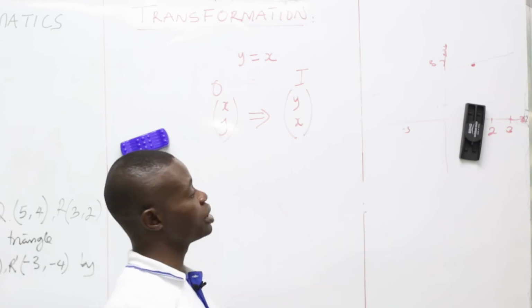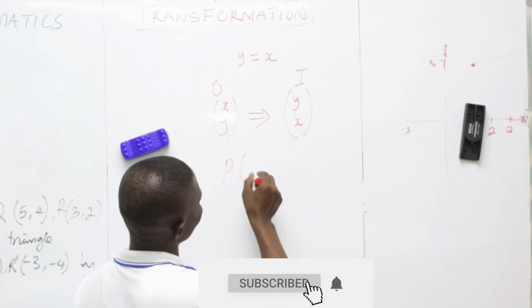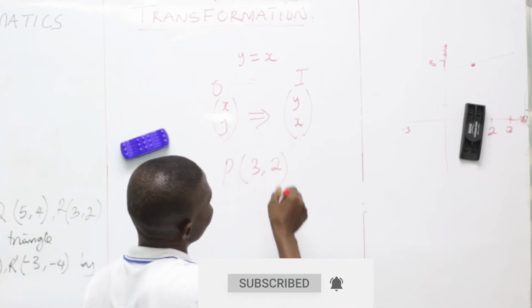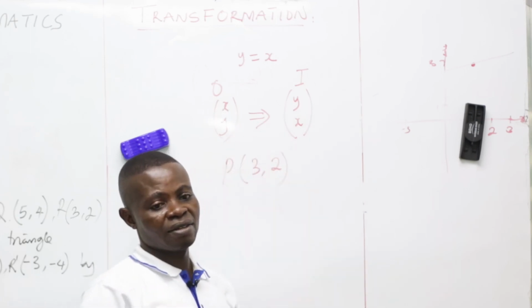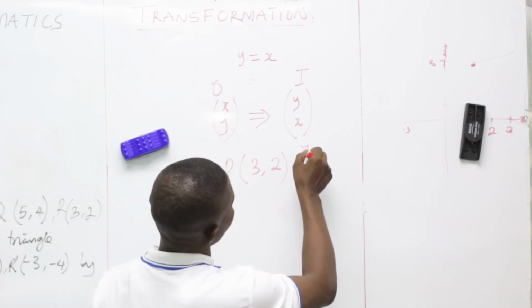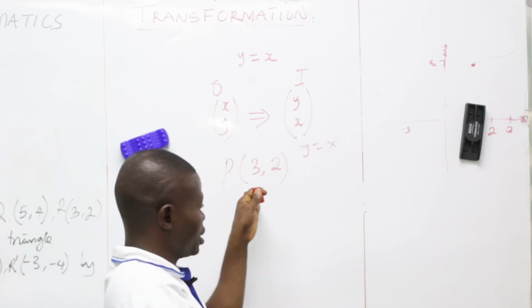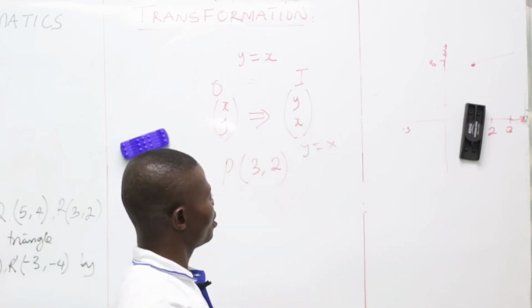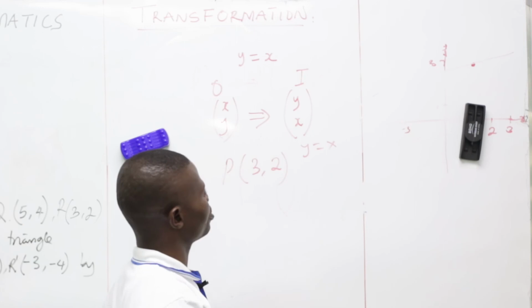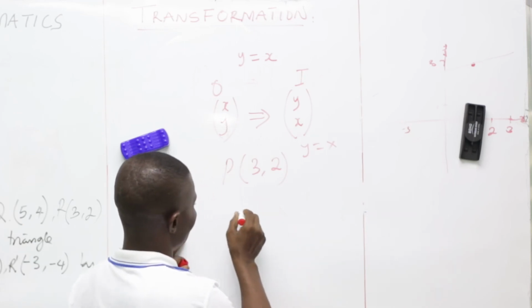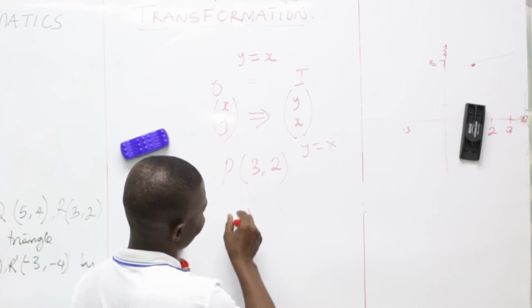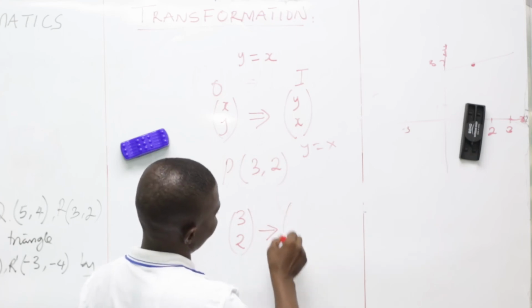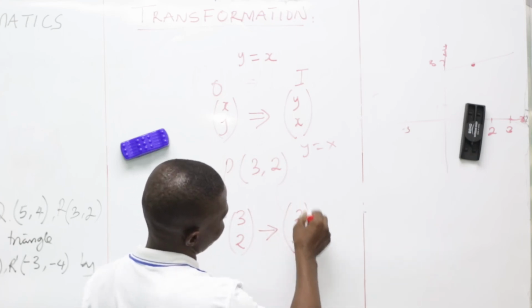So if the point P (3, 2) is reflected in the line Y equals X, this object reflecting in the line Y equals X, what do you do? You create the formula. This is the object. Our solution becomes what? (2, 3). That's all.